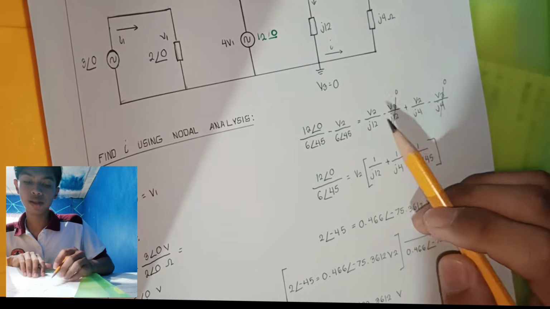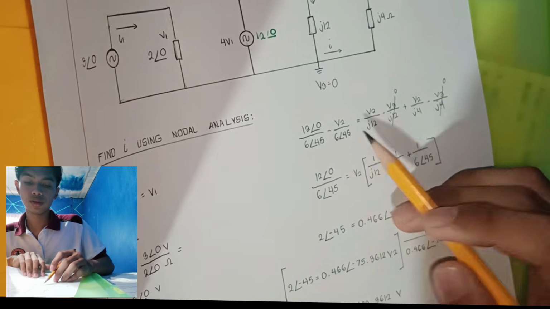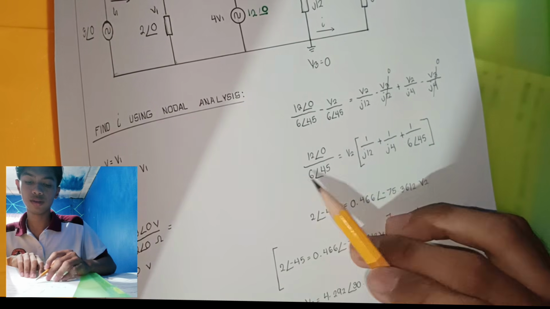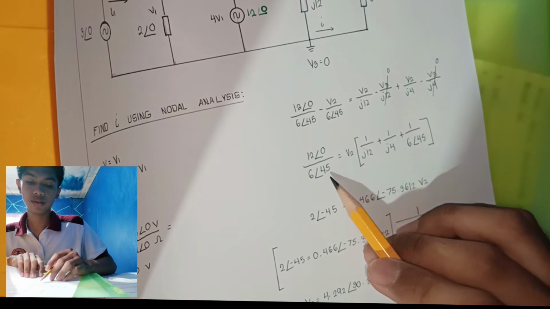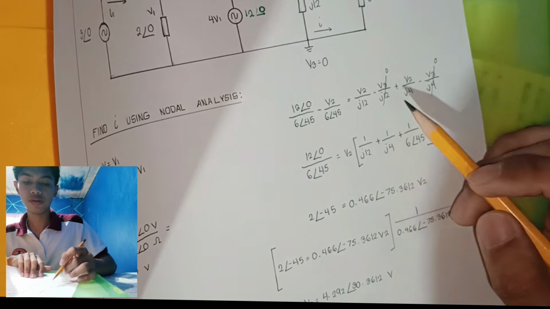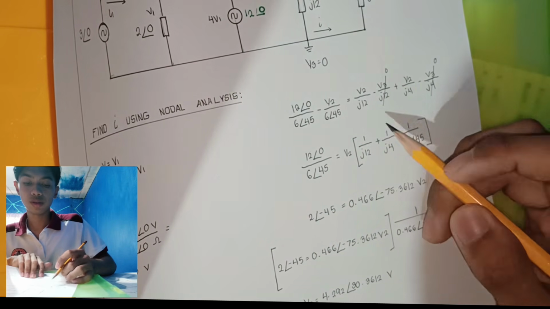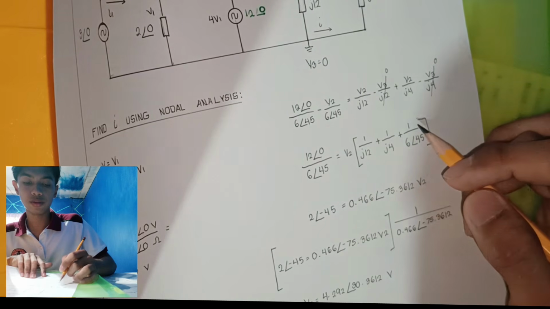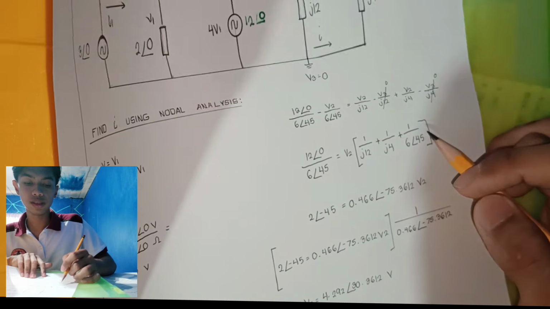Then we will factor out V2. We copy this term, 12 angle 0 over 6 angle 45, which is equal to V2 times the quantity 1 over j12 plus 1 over j4 plus 1 over 6 angle 45.